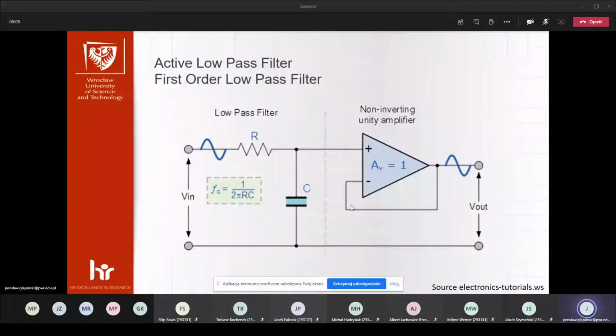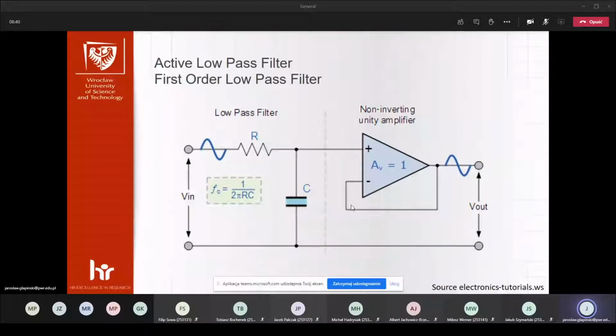So we can also use amplifiers to build some filters. As you remember from our first or second lecture, we used capacitors and resistors to build simple filters. So we could use low pass or high pass filters using just two elements, resistors and capacitor.